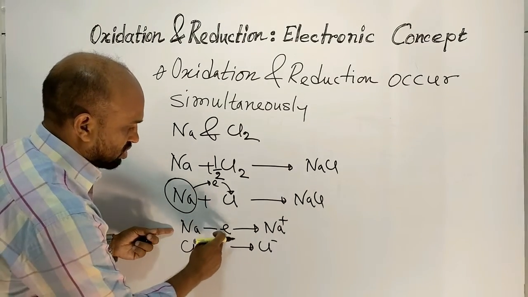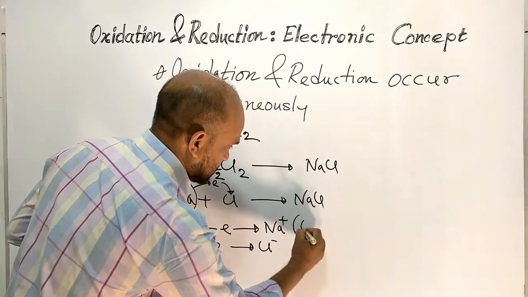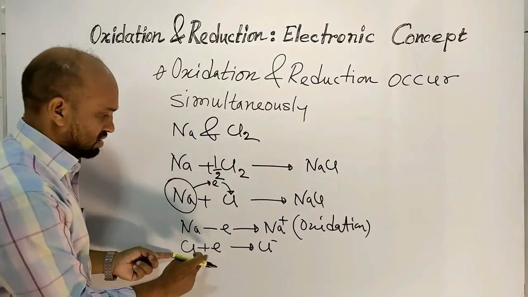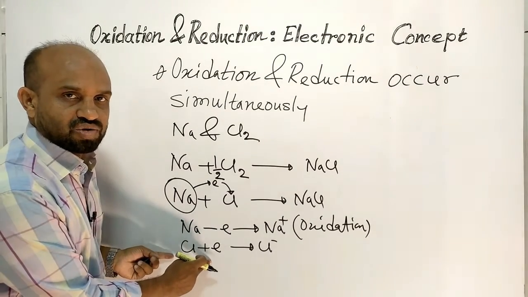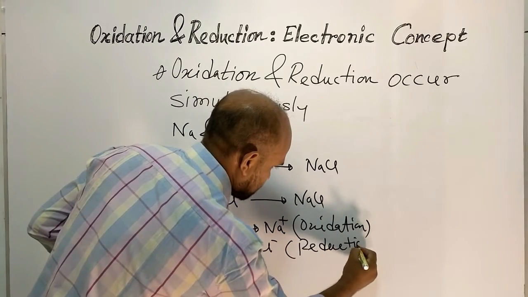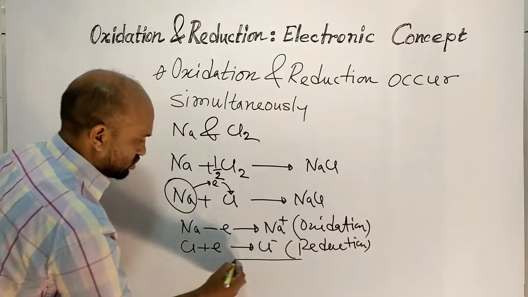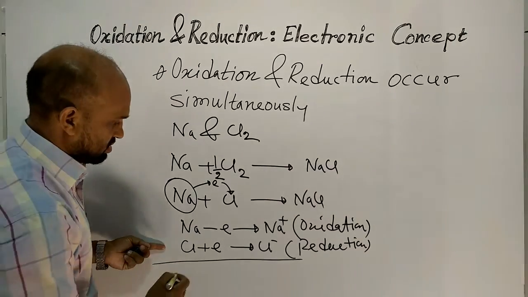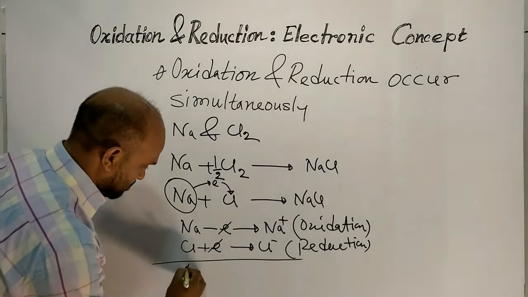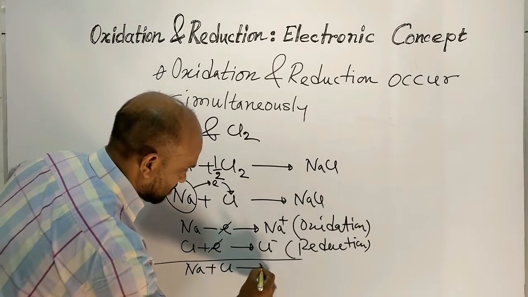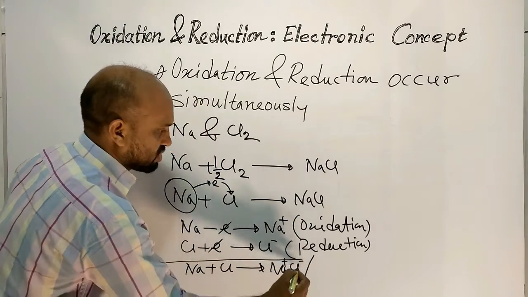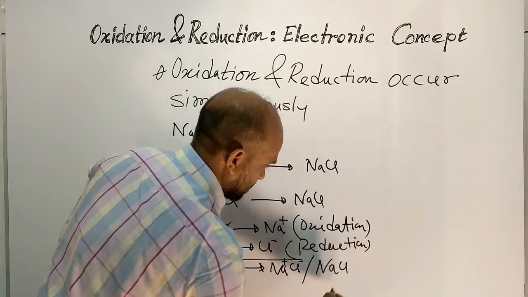This loss of electron is known as oxidation, and here gain of electron occurs, which is known as reduction. So in the formation of sodium chloride, this electron will cancel this electron, then sodium plus, chloride minus, or simply we can write sodium chloride.